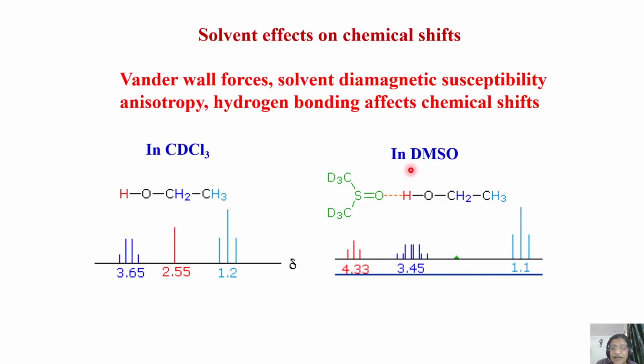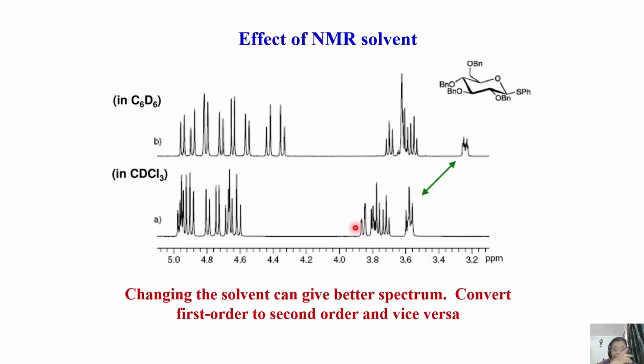It means that this proton can interact with this CH2 and make this quartet into two sets of quartets, which we will understand in the next class about coupling interaction. Similarly, this will interact with this. Instead of one peak, it makes this a triplet. This is the effect of hydrogen bonding; it sometimes affects the chemical shifts, and you will see all this information.